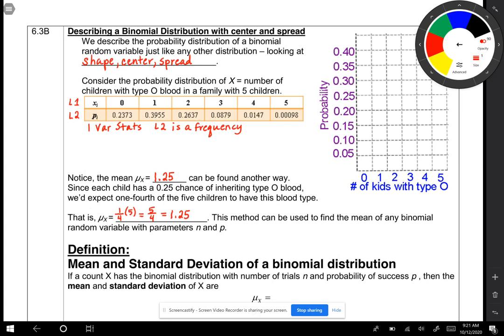Before we go any further, let's sketch this so we can describe what the binomial distribution looks like. When X is 0, the probability is 0.2373. So just something like this. We're just going to do a rough sketch. For 1, it would be 0.3955.